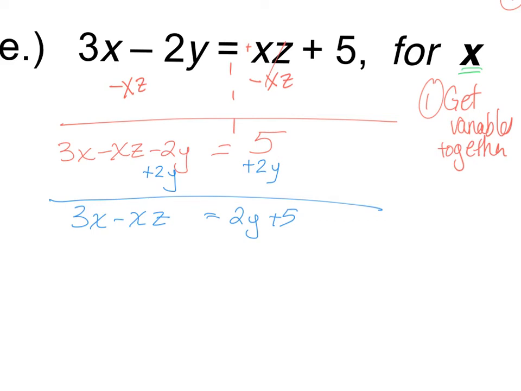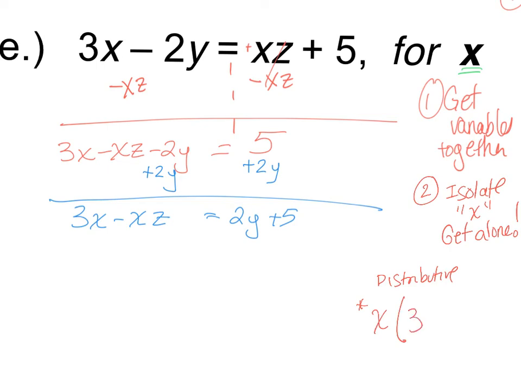The next thing, after you get all the x's together, is you're going to try to isolate the x. You're trying to get it alone. And the only way to do that is to think of the distributive property. Remember, when we had something like x times 3 minus z, what we did is we distributed it, and you got 3x, and you got minus zx.